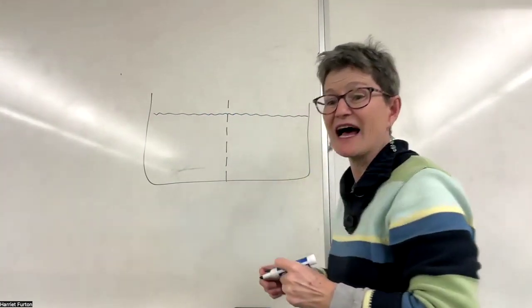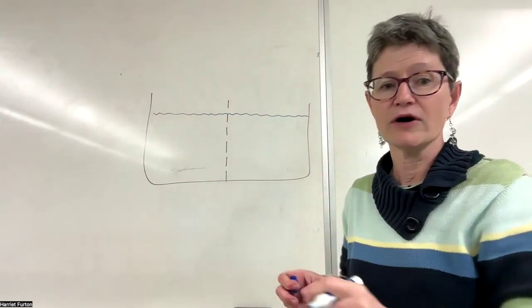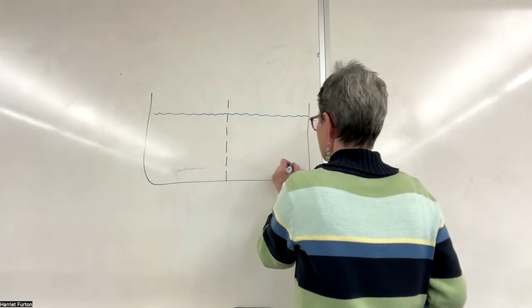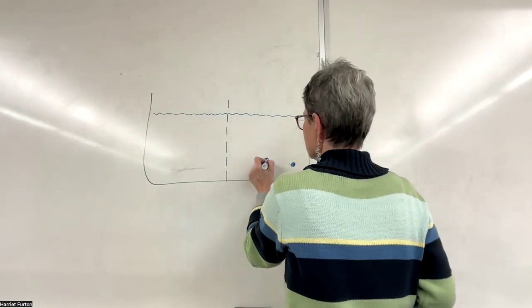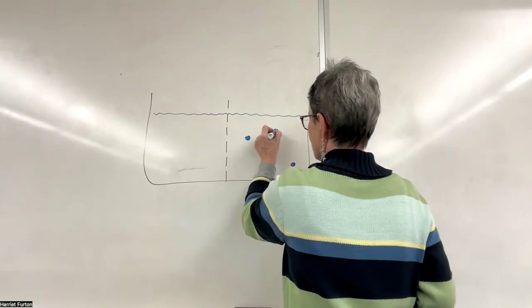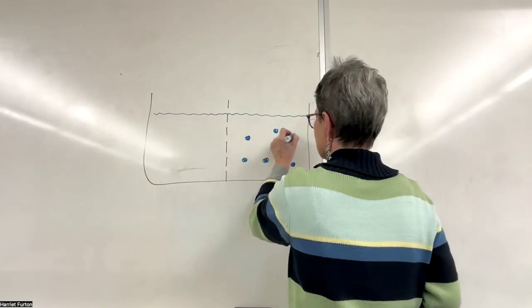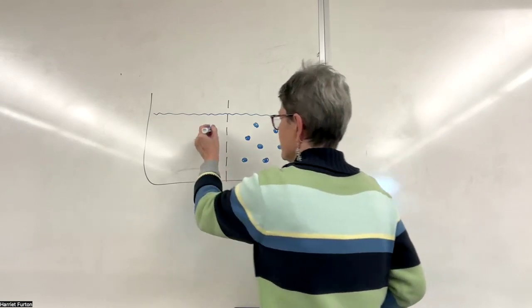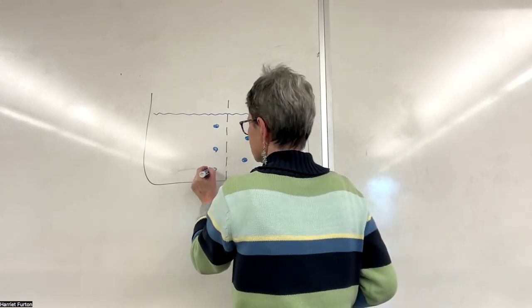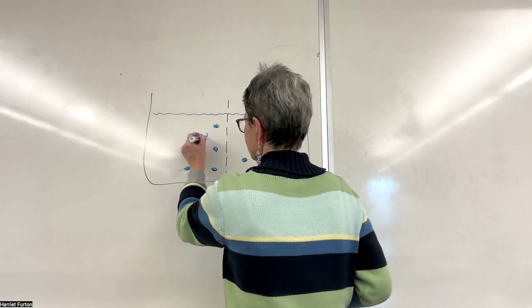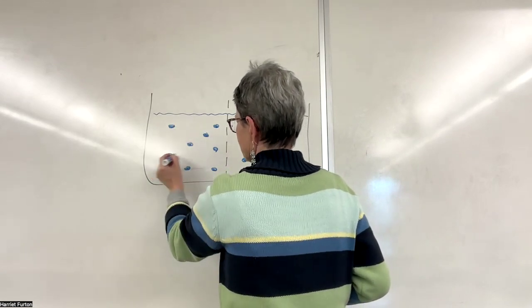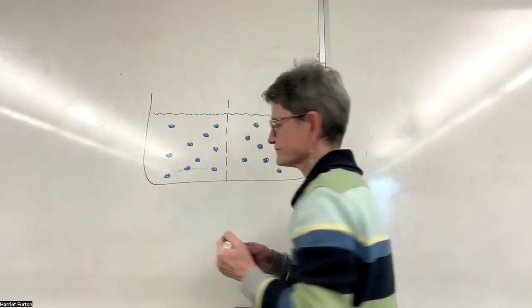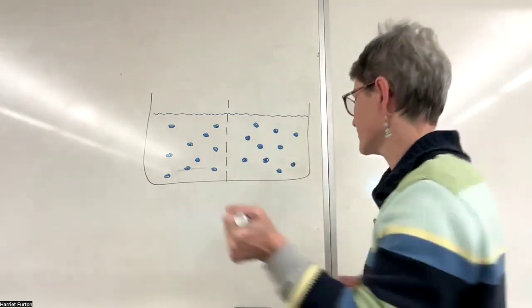The water molecules, I will draw 10 water molecules on each side. 1, 2, 3, 4, 5, 6, 7, 8, 9, 10. And in here too, 1, 2, 3, 4, 5, 6, 7, 8, 9, 10. Representing the water molecules.